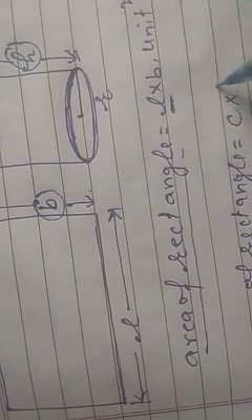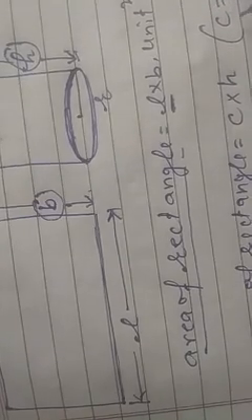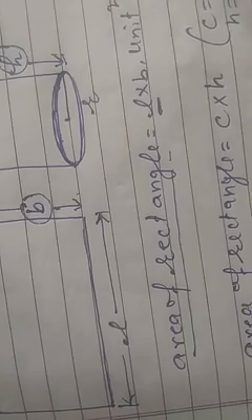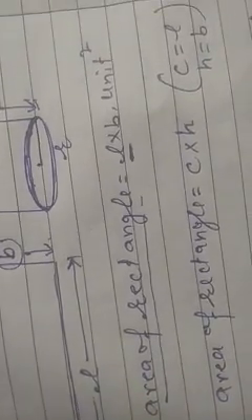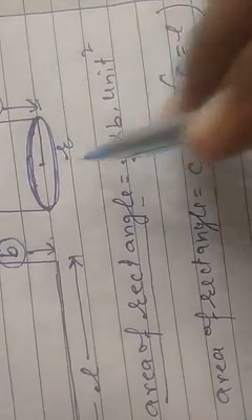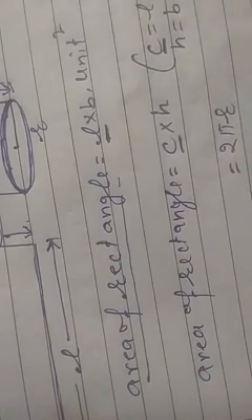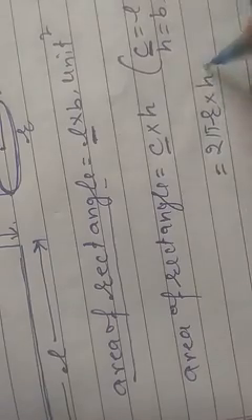C into B means C into h, because C is equal to L and h is equal to B. C is the circumference of the base of the cylinder. Now here C is 2 pi r and h is h.